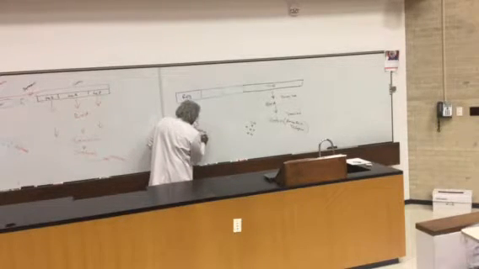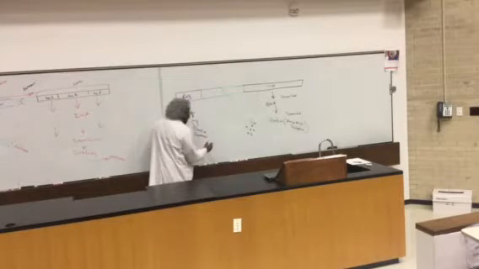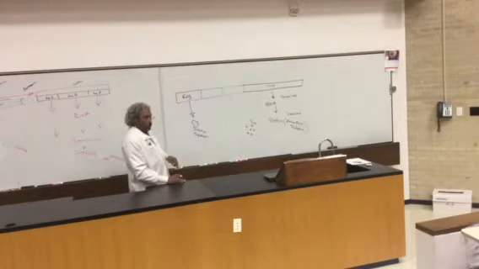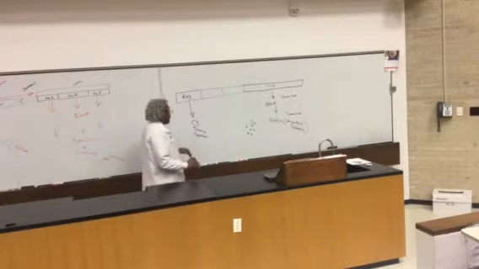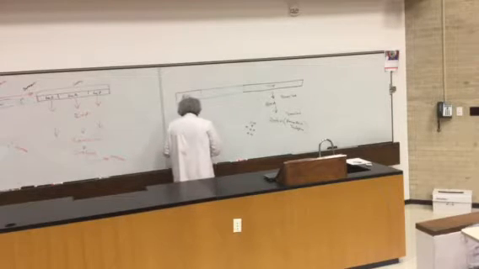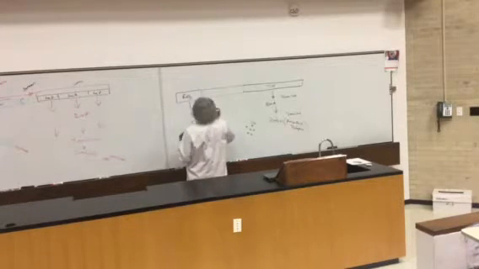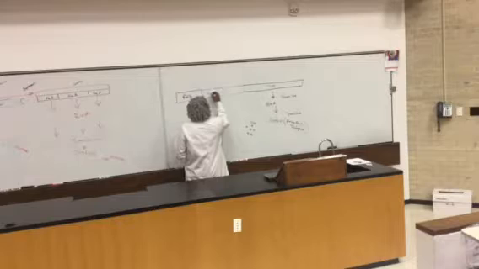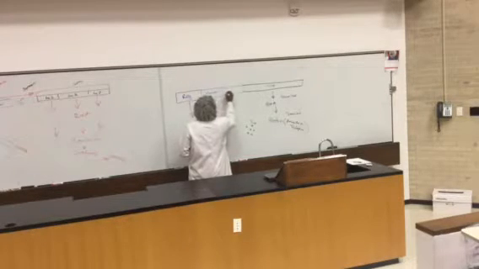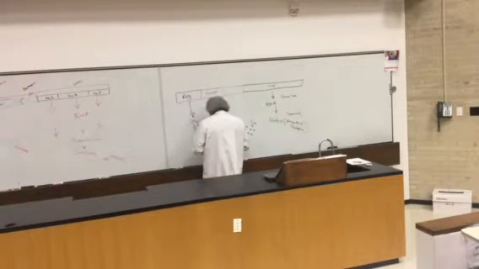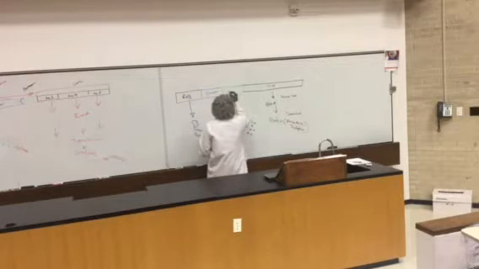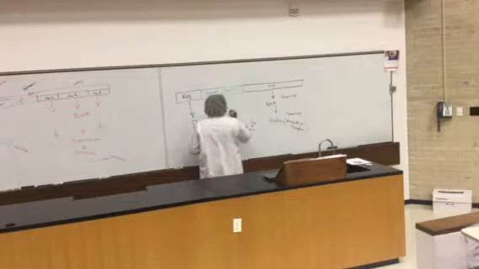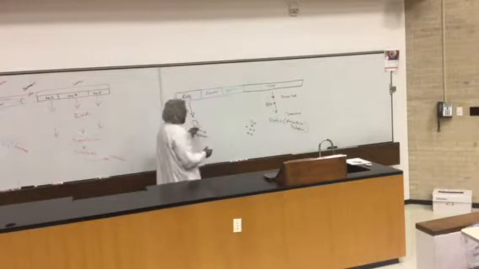So it's usually producing an inactive form of it? Yes. It's producing an inactive form of the suppressor. So this here would be your promoter, and this right here would be your operator. So this is inactive.